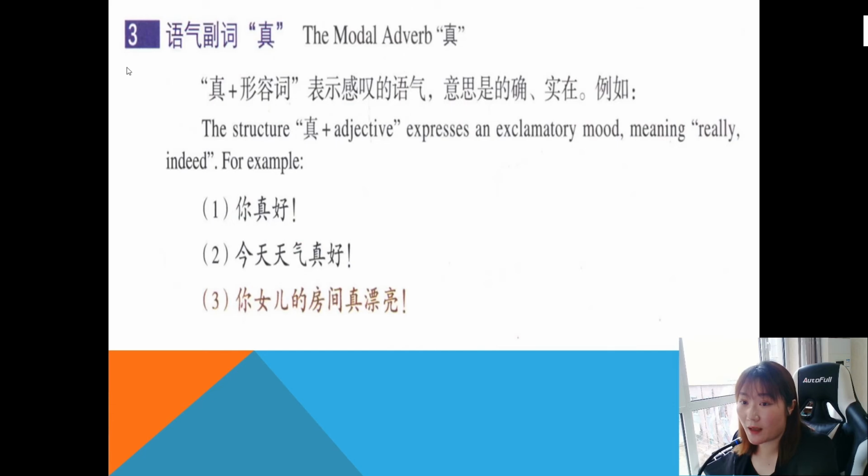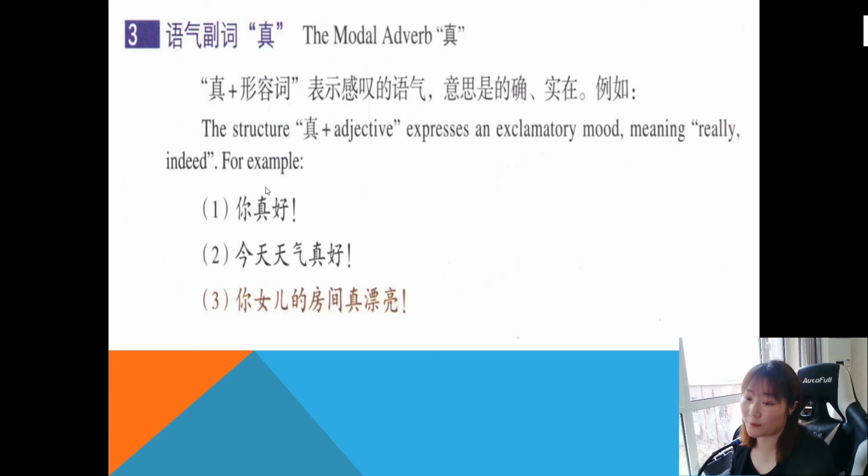So grammar number 3, the modal adverb 真. 真 expresses really, indeed, like asking if that is true.